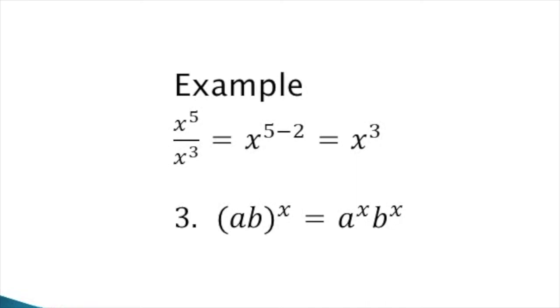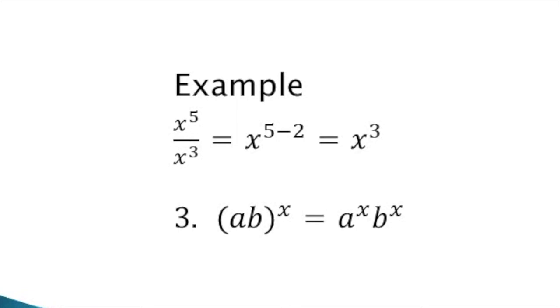Another law. If we have a and b in a bracket to the power x, to get the answer, we need to know the exponent of a and the exponent of b. The exponent of a is 1 and the exponent of b is also 1.